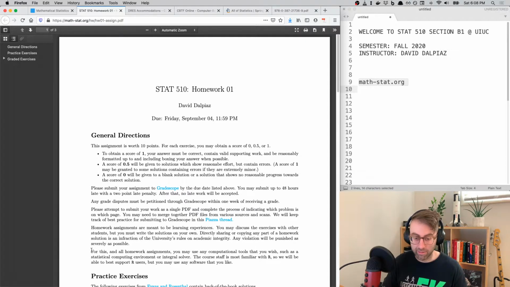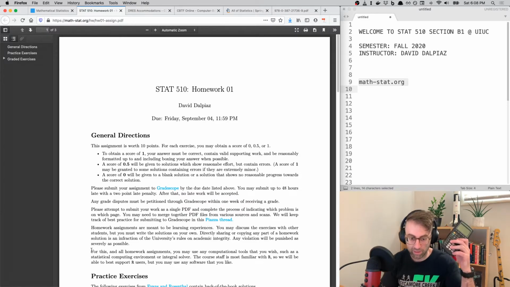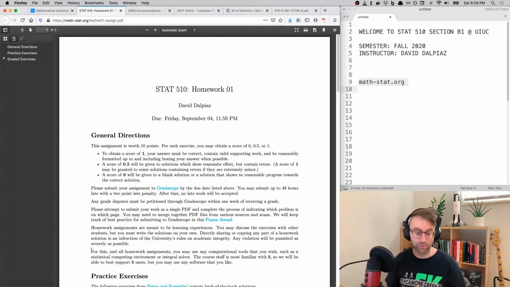Researchers aren't limited by some pen, paper, and graphing calculator limitation. Why limit yourself like that? A researcher will have a statistical computing environment. A researcher will have a numerical integral solver or even an algebraic type system. So you can use those things too.